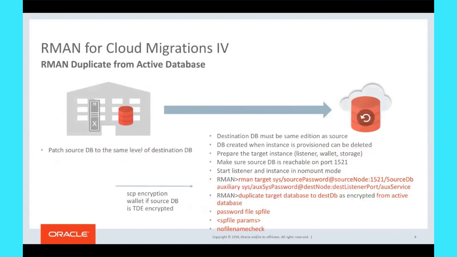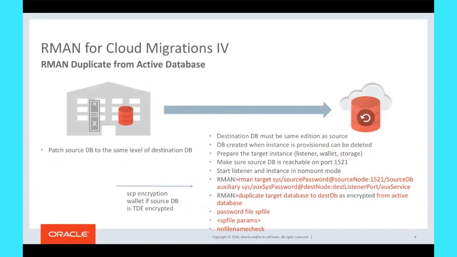This is also a pretty common operation for DBAs, to perform this duplication from an active database. The only thing I wanted to highlight is that if you're using 18c, there is an interesting option: you can now use AS ENCRYPTED for your DUPLICATE TARGET DATABASE command in RMAN.